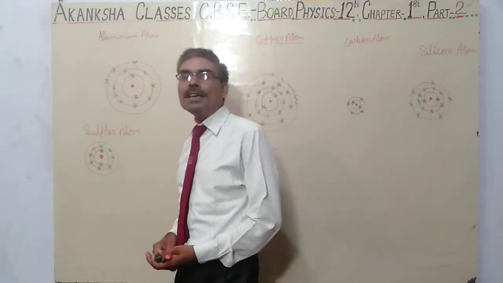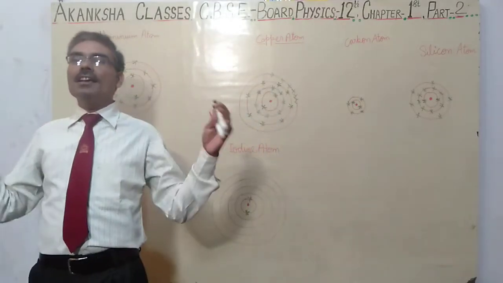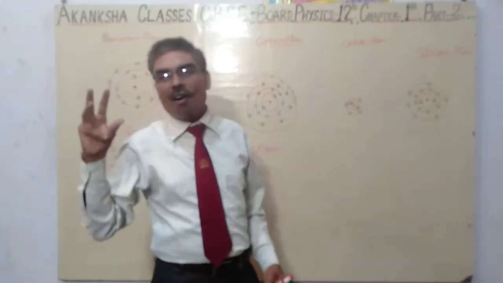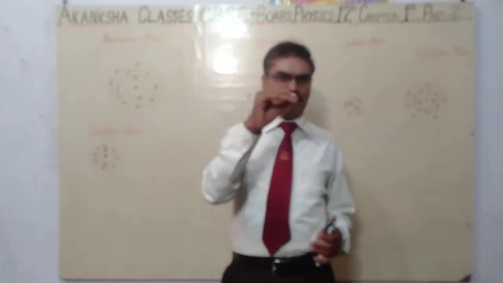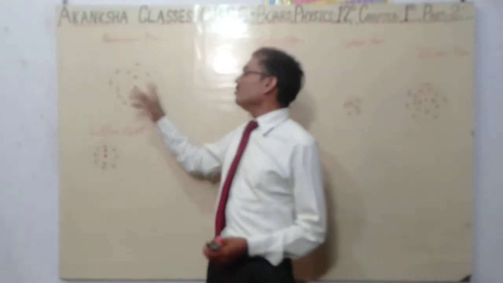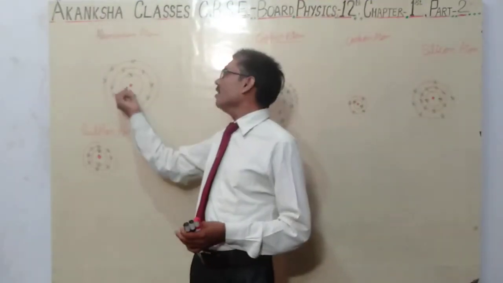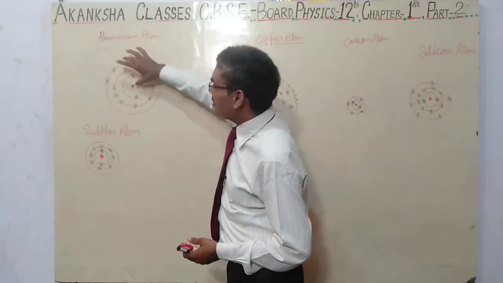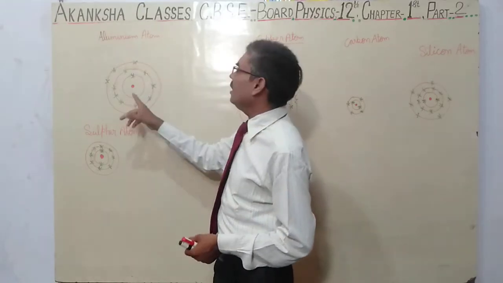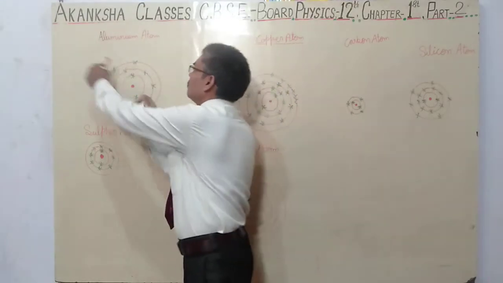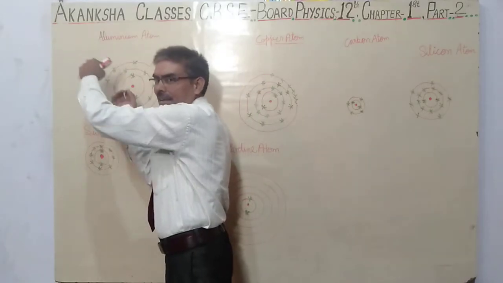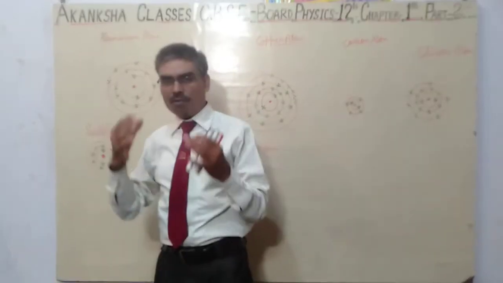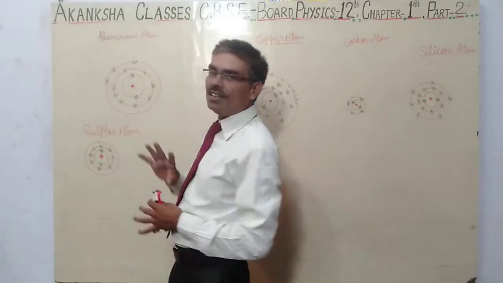As you know, if we compare the atom to a field in which cricket is played and a ball is put in the middle of the field, the nucleus is the same as the ball and the atom the same as the field. This means the distance of the outermost shell from the nucleus is so much bigger that they feel only a small force of attraction by the nucleus.